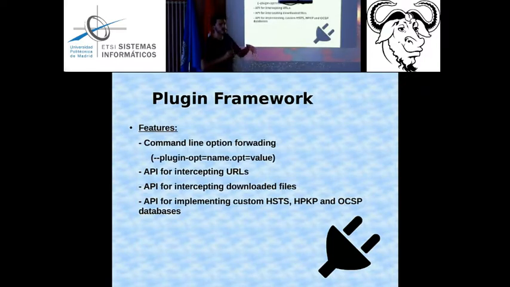WGET has its own databases on the system, but plugins are able, through this API, to load some information for these from any source you want. So you can add some settings for that using that API.